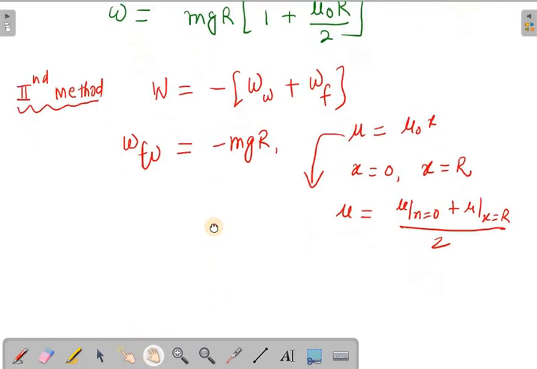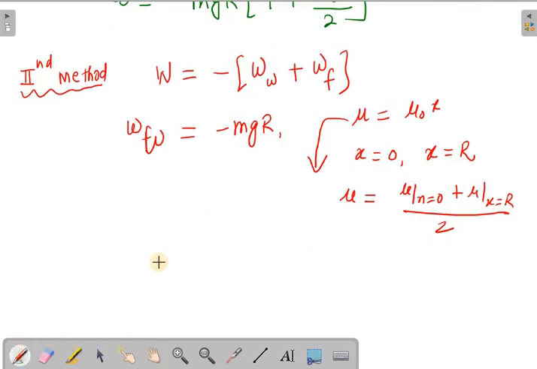And we can simplify here. Mu will be equal to 0 when x equal to 0, the value of mu is 0, plus when x equal to r, the value of mu is mu naught r, divided by 2, that is mu naught r by 2.